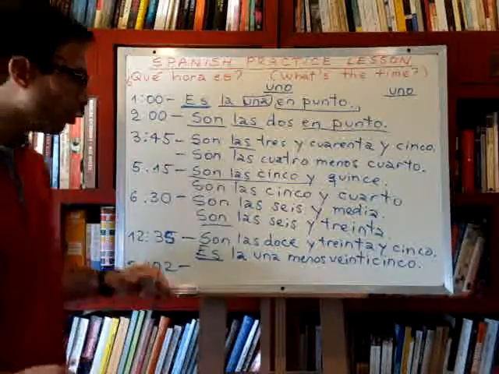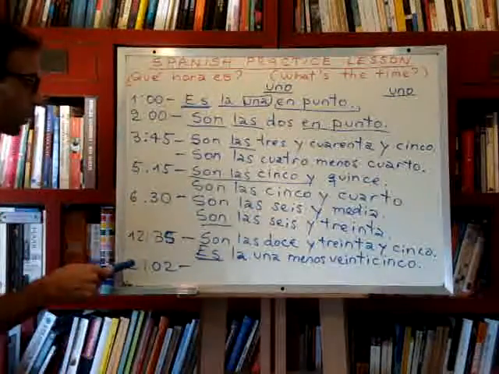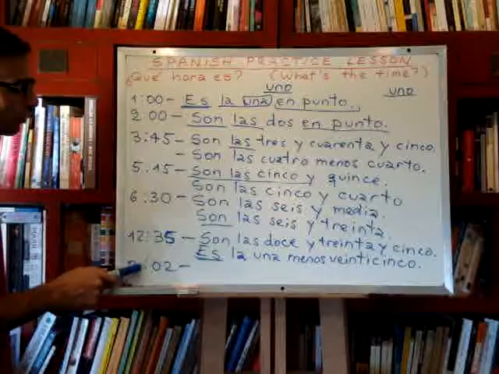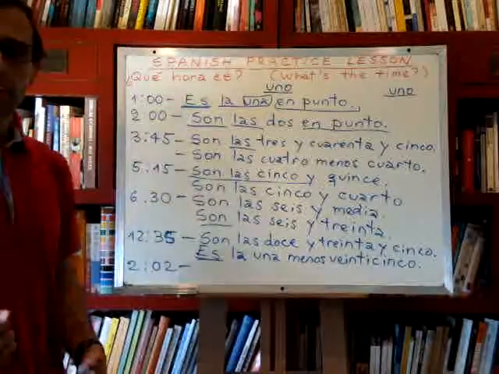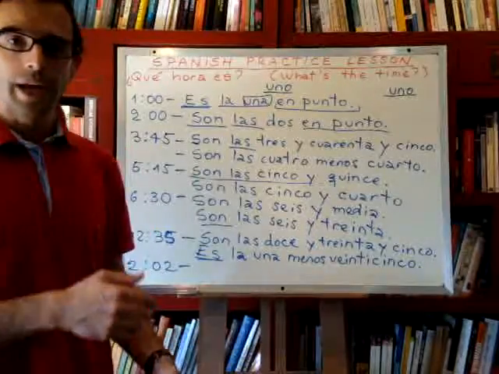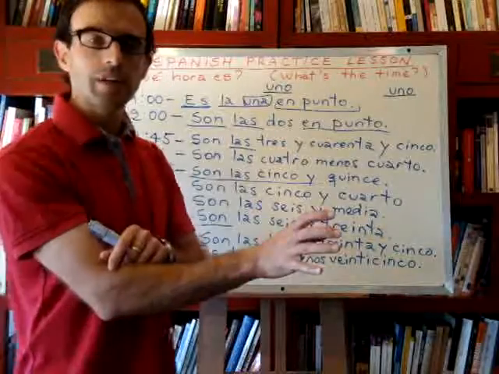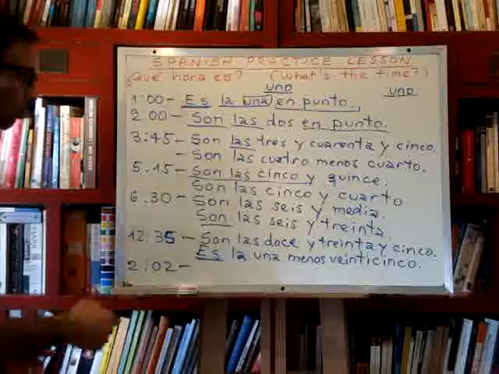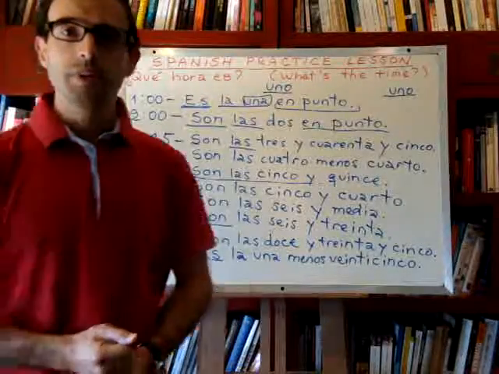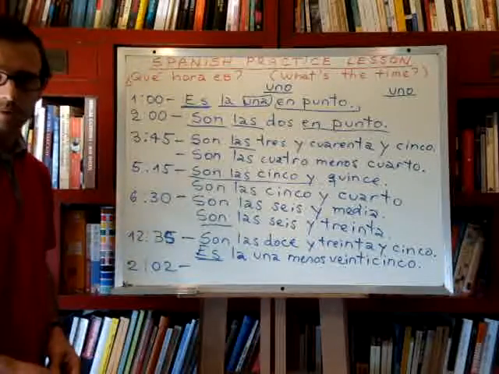In Spanish, we add more details saying that it is 2 minutes past. Son las 2 y 2. But usually, instead, we say it is past 2 o'clock, right?